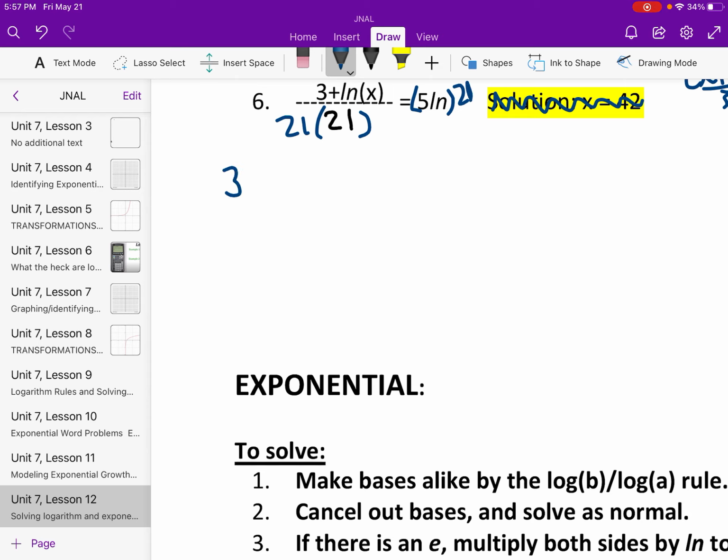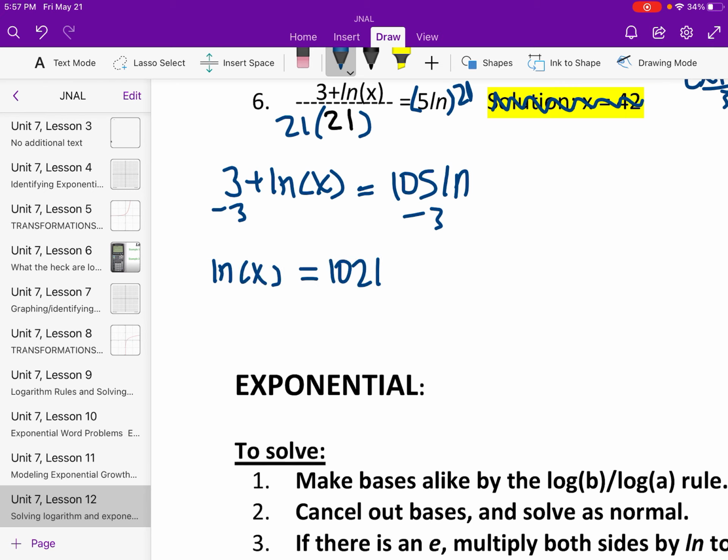Okay, so then we have 3 plus ln of x equals, here we got 5 times 21, 105 ln. Now, this is definitely not going to go to 42. Then we do minus 3. Oh, wait, no. Since that's multiplied, sorry, that's 105 ln minus 3.